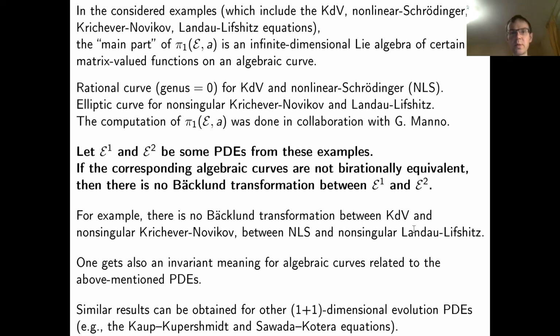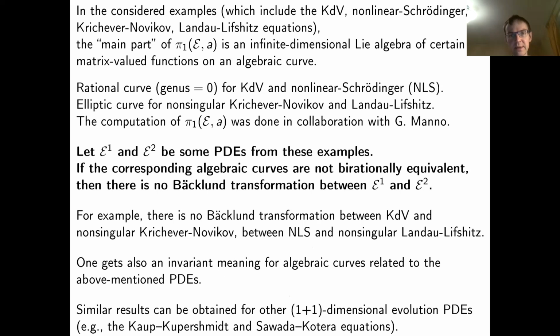In particular, we see that KdV and non-singular Novikov are not related by a Bäcklund transformation, because here we get the rational curve and here the elliptic curve. Also, the nonlinear Schrödinger equation and non-singular Landau-Lifshitz are not connected by any Bäcklund transformation for the same reason.